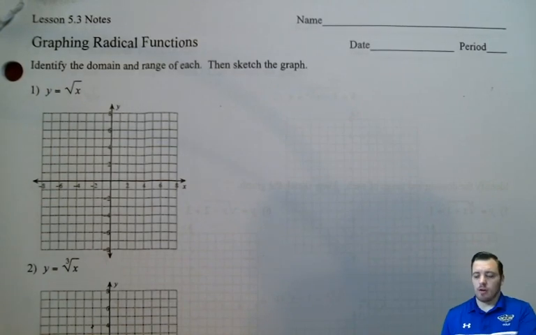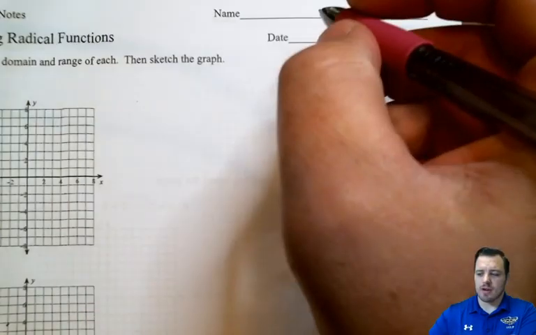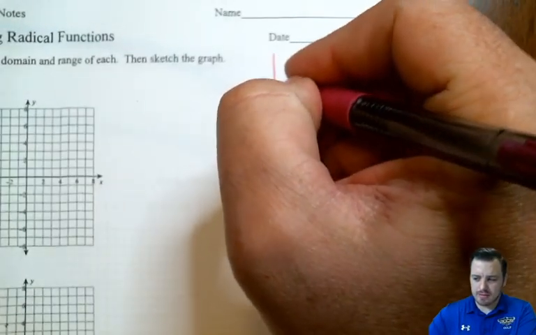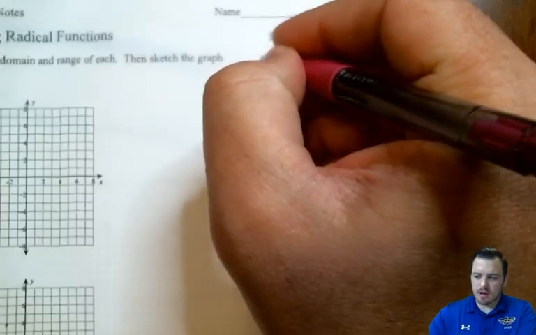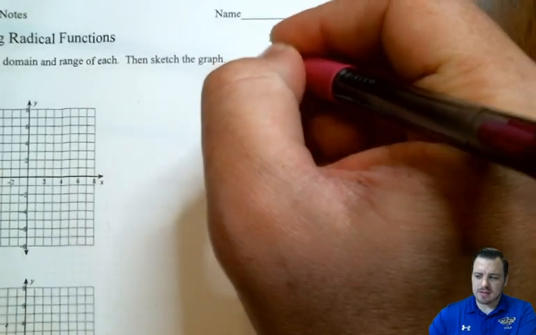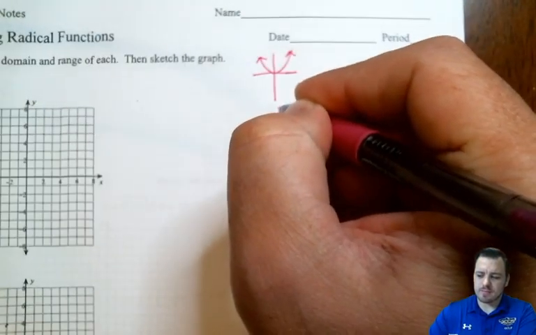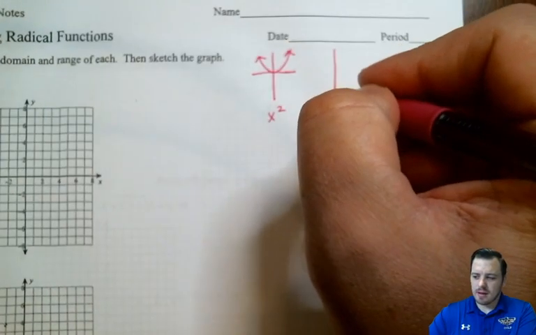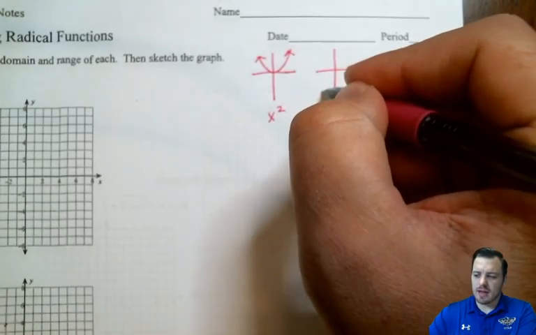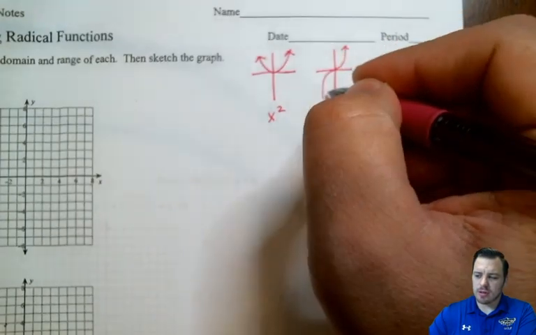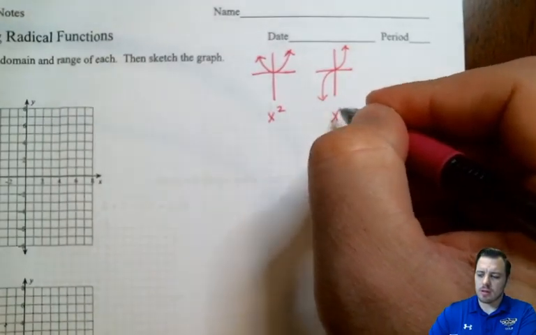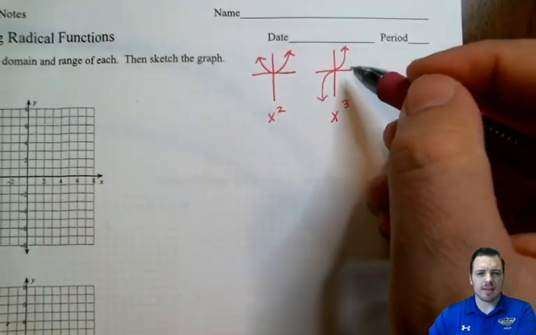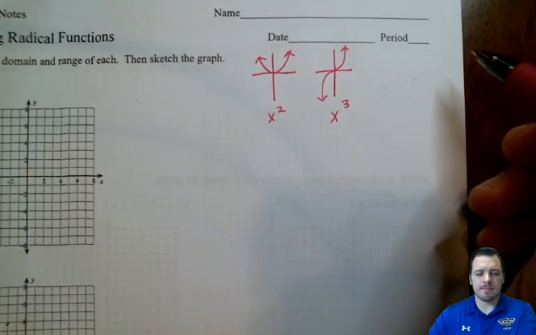Just to recap what we've done thus far with graphs of functions, we have done x squared, which is a parabola. We have done x cubed, which looks like this.